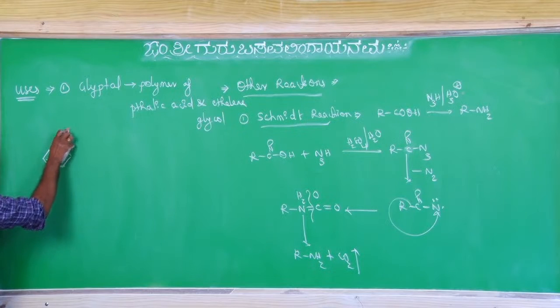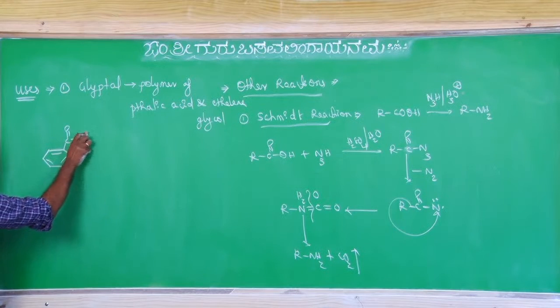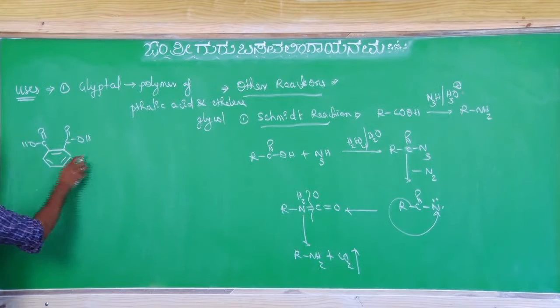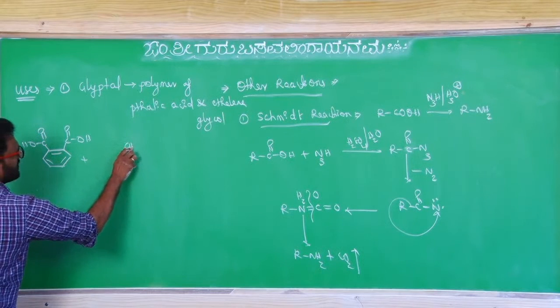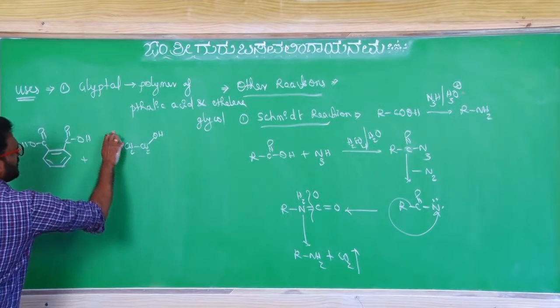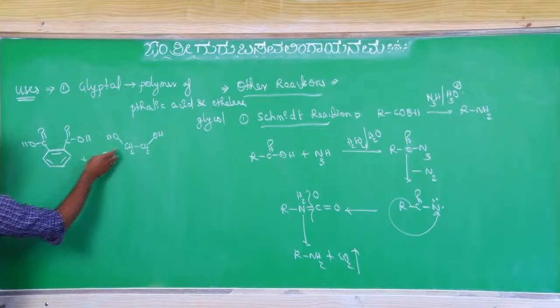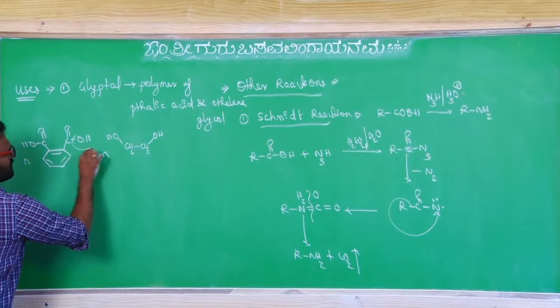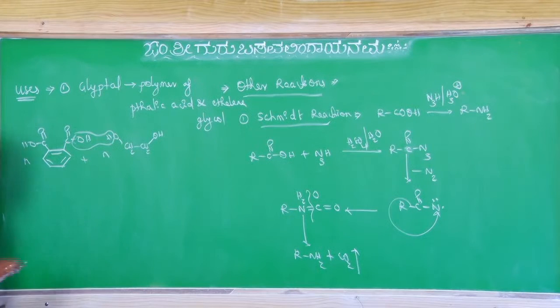When phthalic acid undergoes polymerization with ethylene glycol, ethylene glycol is CH2, and here OH and OH. If you take n number of this ethylene glycol and n number of this phthalic acid, there will be a condensation.